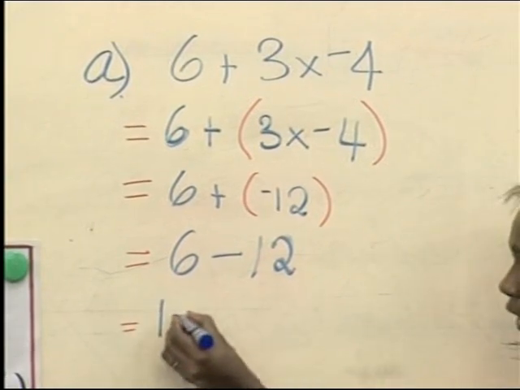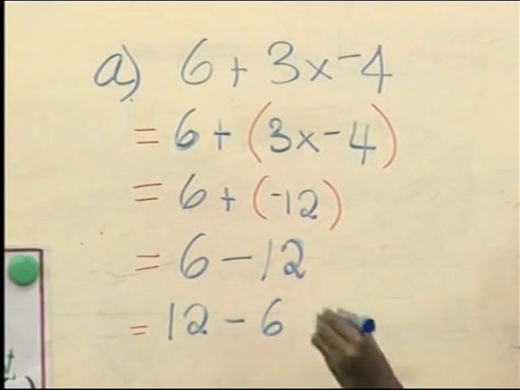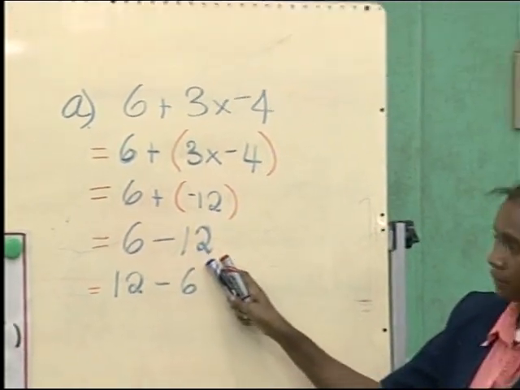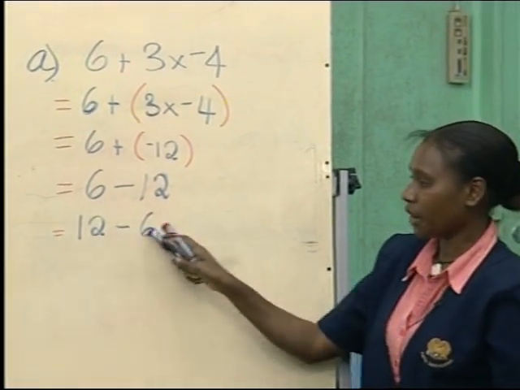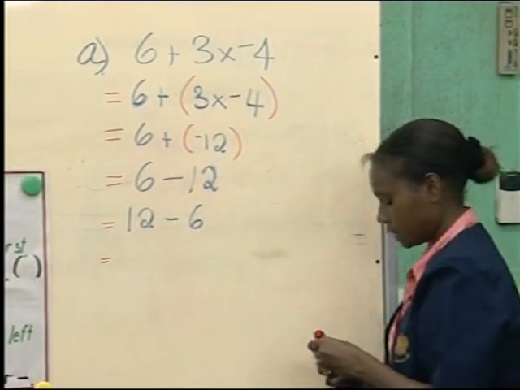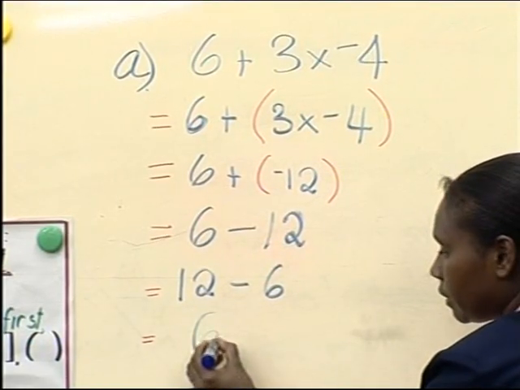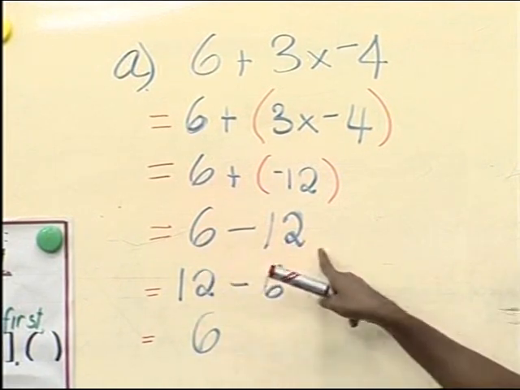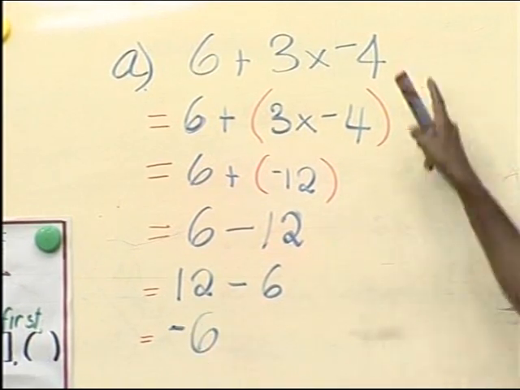We have 12 as our bigger number, subtract 6. The sign of the bigger number is negative 12. Negative 12 is bigger than 6. 12 minus 6 would be 6. And the sign would be negative 6 because we are getting it out from this bigger number. So that is the answer to this problem.